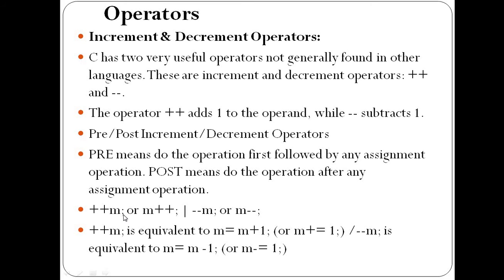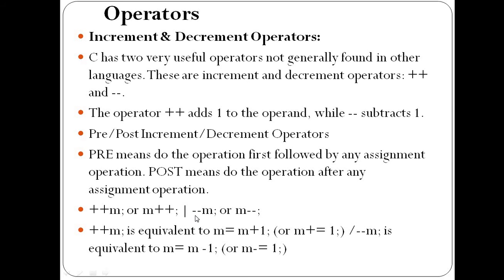So ++m is called the pre-increment operator, and m++ is called the post-increment operator. So what actually happens here? ++m first increments the value of the variable and then gives it to the expression. But m++ first gives its own value to the expression and then increments. In a later slide we will see an example, then the idea will be clear.